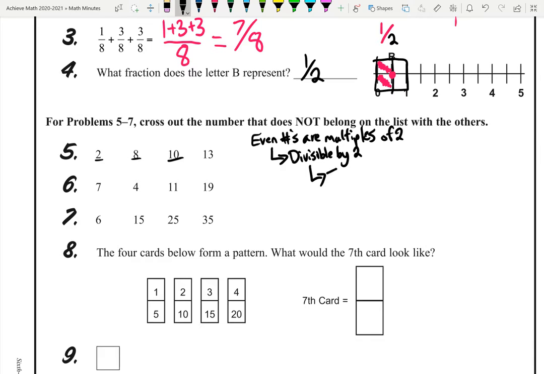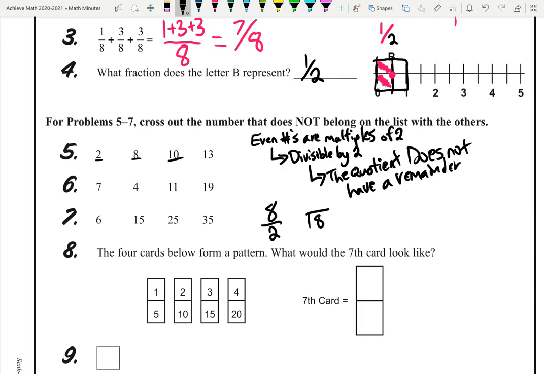That means the quotient does not have a remainder. I have 8 divided by 2. Boom. No remainder. Let's try 13 divided by 2.